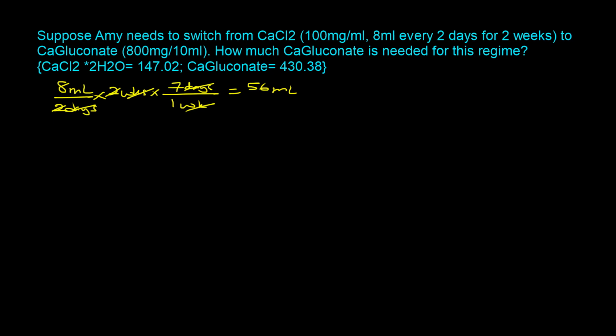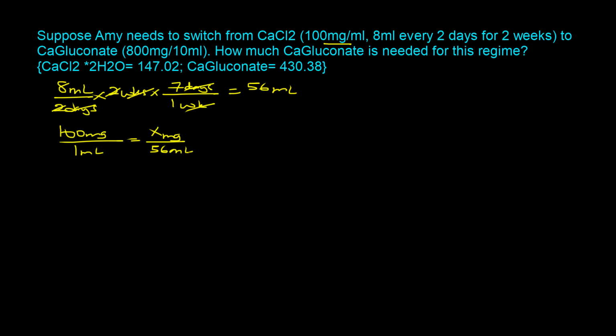Now what we need to do is to take the concentration, which was the 100 milligrams per milliliter, and use that information in conjunction with the volume that we just calculated to determine how much calcium chloride she's going to get in the 2 weeks. And so that would imply that you now have 100 milligrams in each milliliter, and that's going to be equal to some quantity in milligrams divided by 56 milliliters.